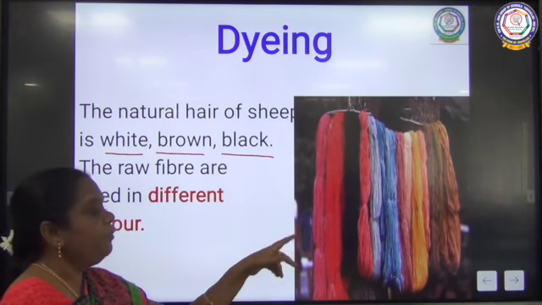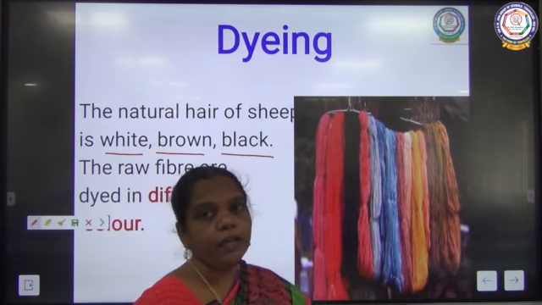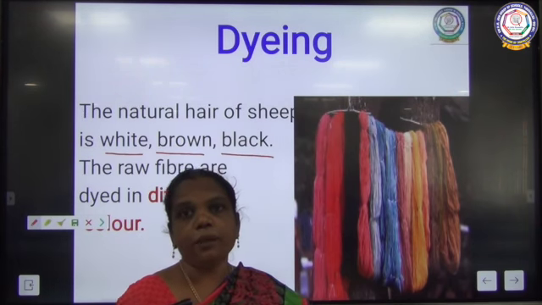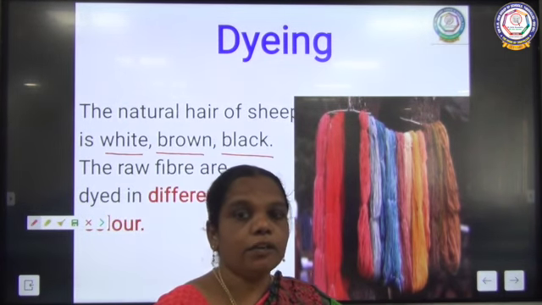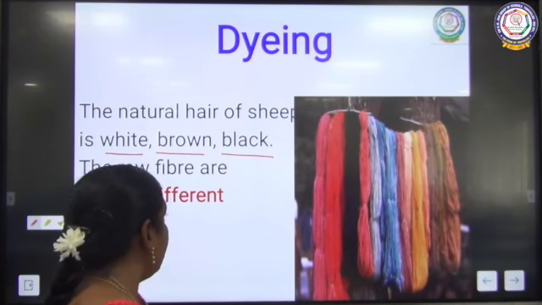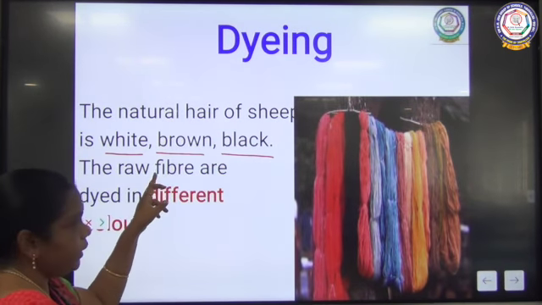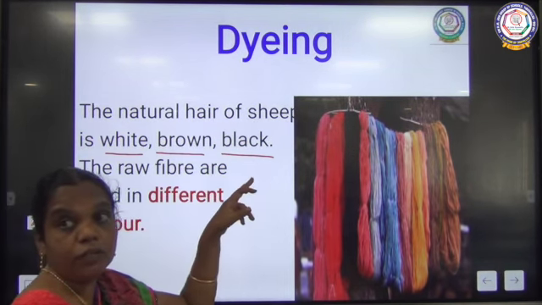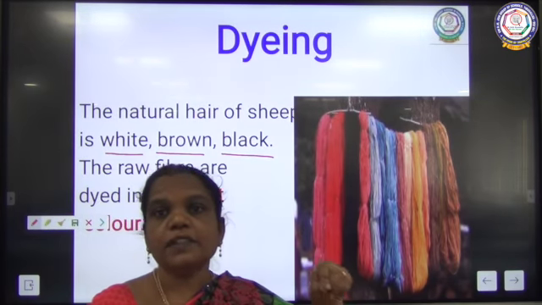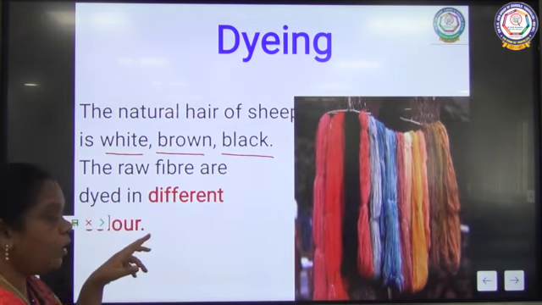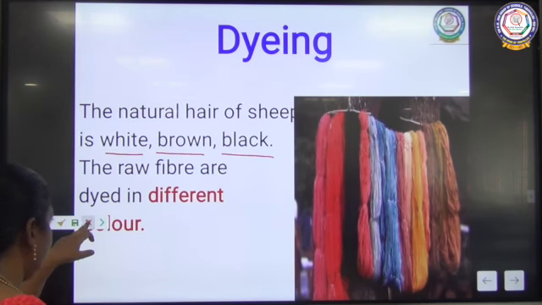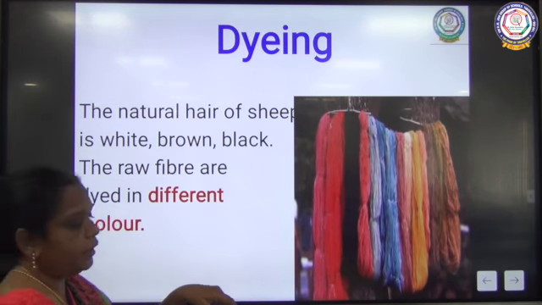Apart from that, we can make different colors for making fabric, sweater, shawl or scarf, whatever, woolen dresses. Even a woolen coat they can make using dyeing. From the word dyeing, dye means color. So coloring the wool is one of the processes of wool production. And next one.